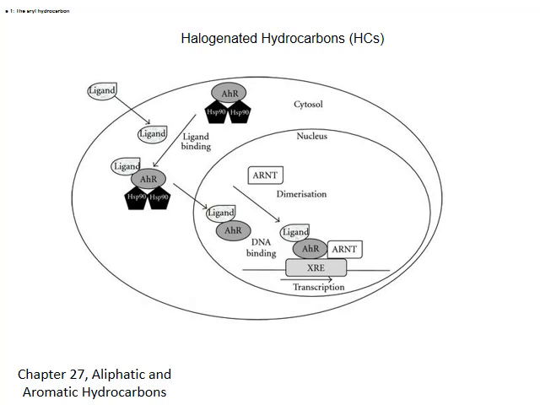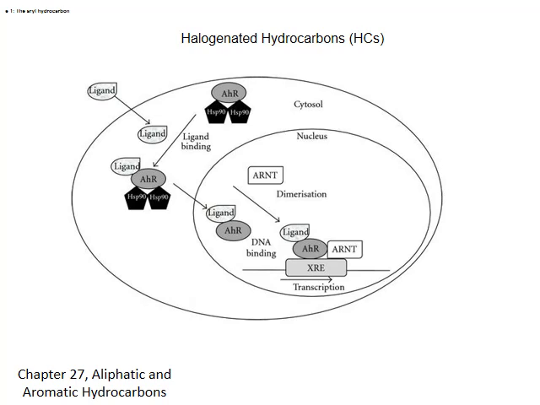So normally when the ligand enters, it binds to the receptor, the HSP90 groups are lost, and now the ligand-bound AH receptor translocates into the nucleus of the cell. Do you see that here?